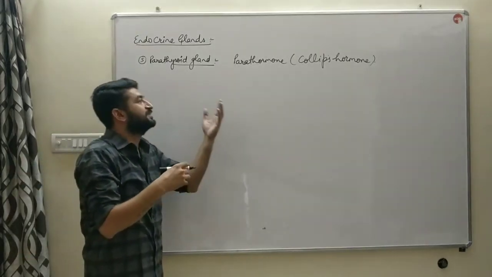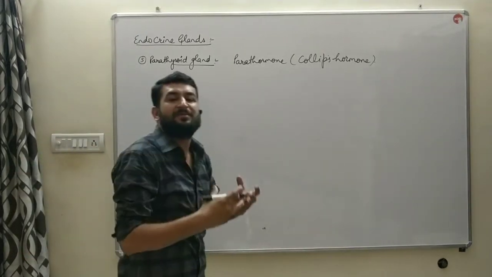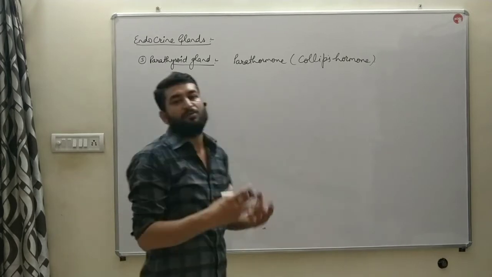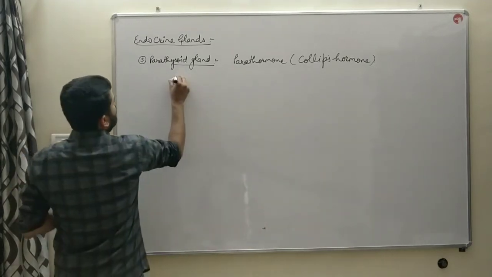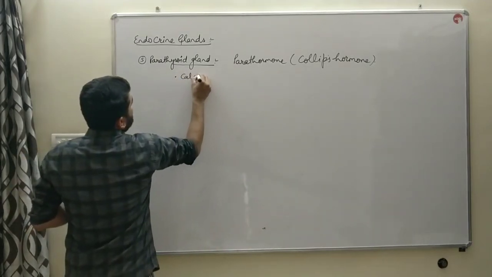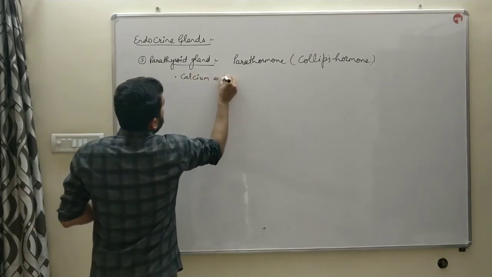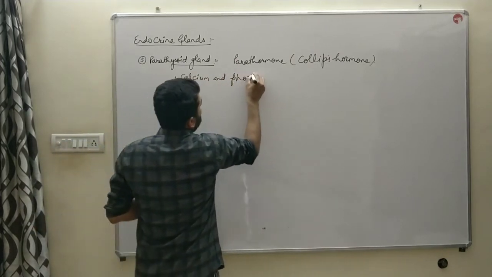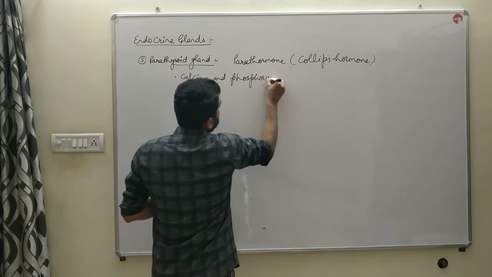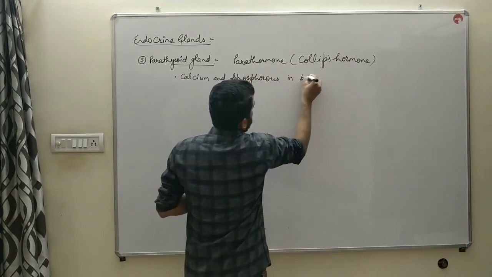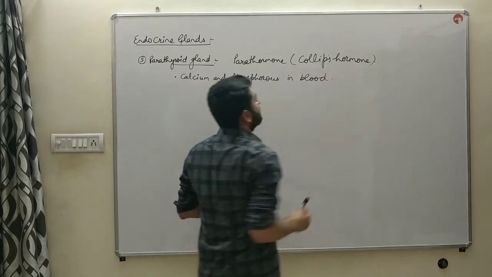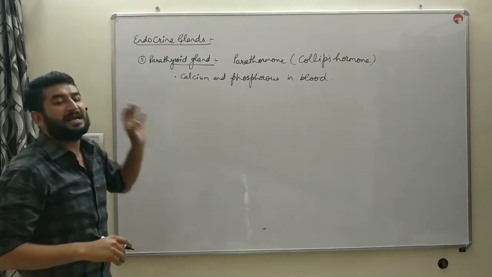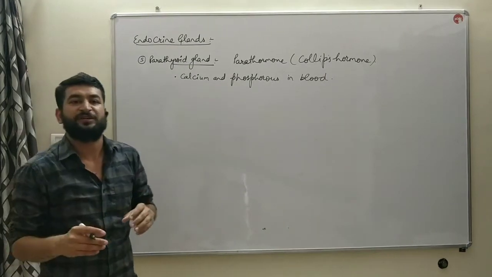This hormone controls the calcium and phosphorus level or balance in blood. So this is the function of the parathyroid gland and the hormone secreted by it.